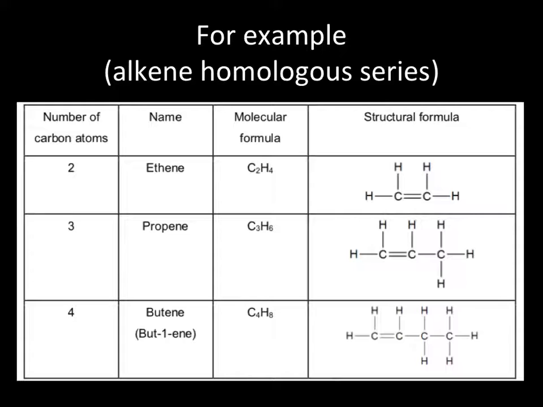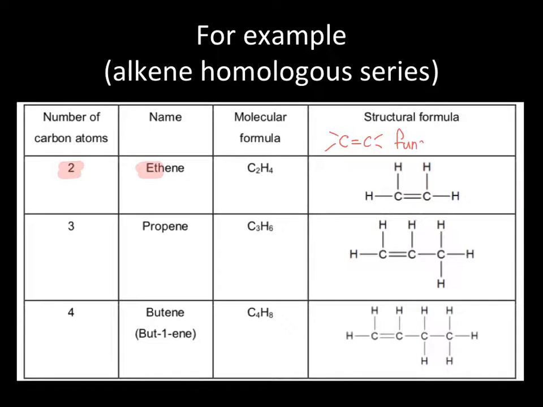For alkenes, you realize that the first member is called ethene, and ethene has 2 carbon atoms. Now, the reason why alkenes do not have a member with 1 carbon is because an alkene must always have a carbon-carbon double bond functional group.